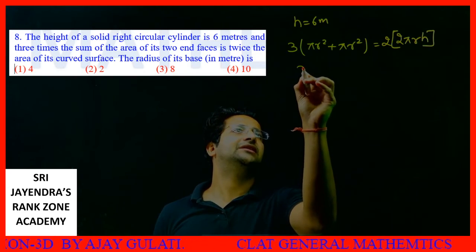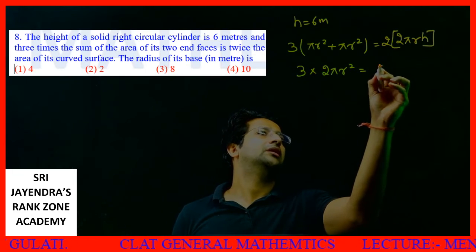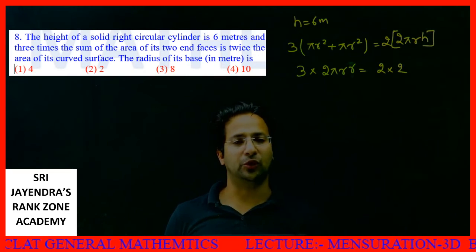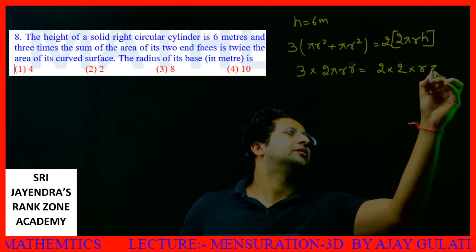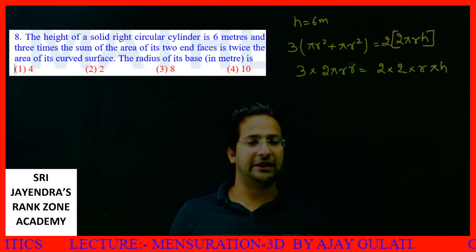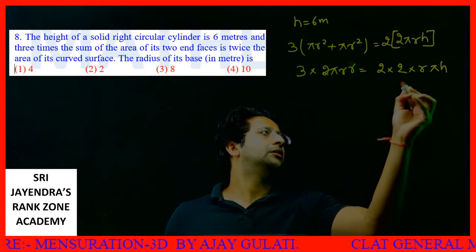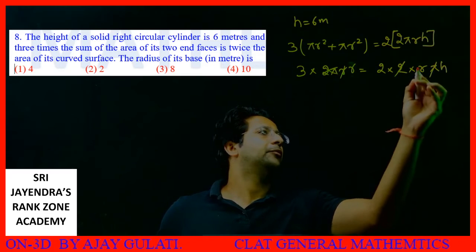This I can say 3 into 2 pi r square is equal to 2 into pi r h. Whatever you can cancel, just cancel. 2 pi cancel. One r cancels.